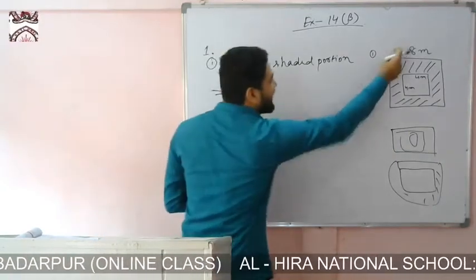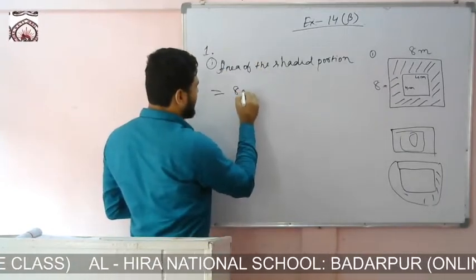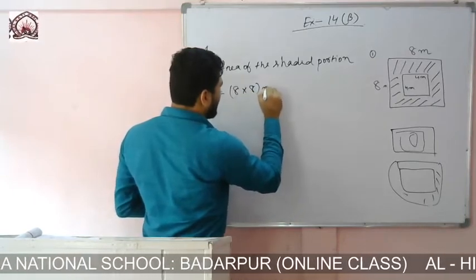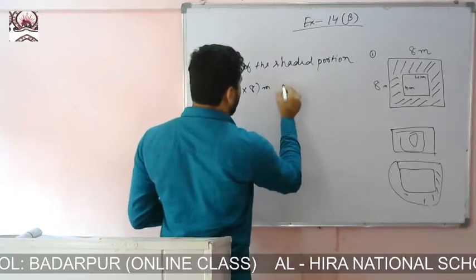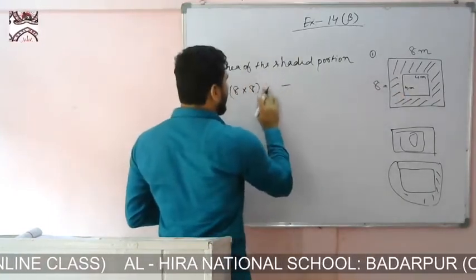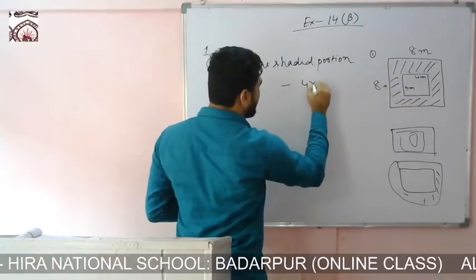So area of this big square, side is given 8 centimeter, so 8 into 8 meter, okay, minus this, 4 into 4.